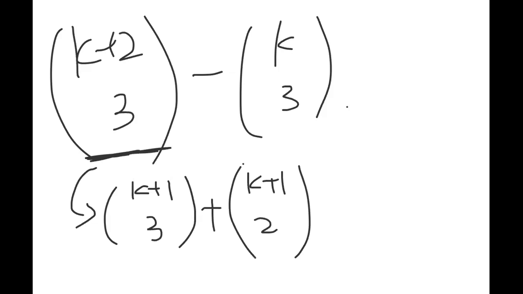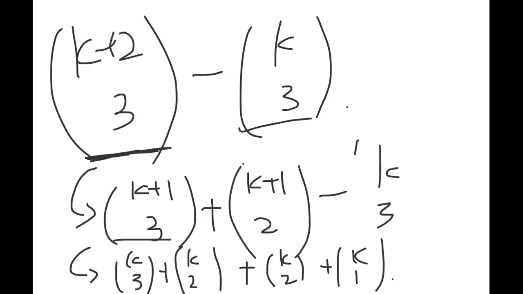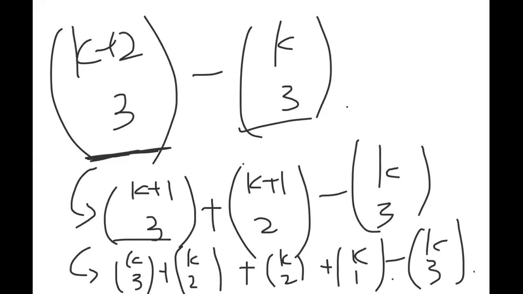Then you can use Pascal's identity again. k plus 1 choose 3 is equal to k choose 3 plus k choose 2. k plus 1 choose 2 is equal to k choose 2 plus k choose 1. And there is a minus k choose 3 here, and of course the k choose 3 is gone. So you have k choose 2 and k choose 1.